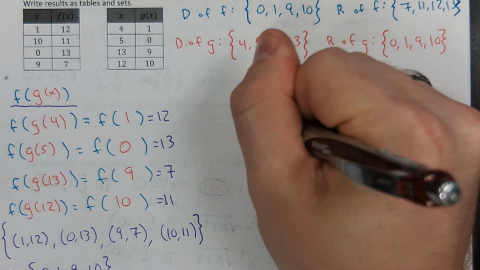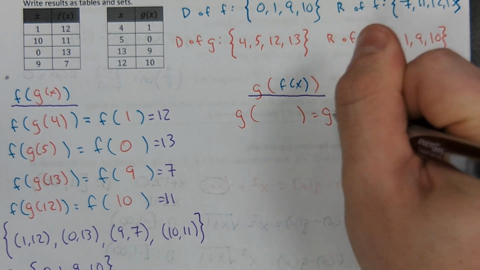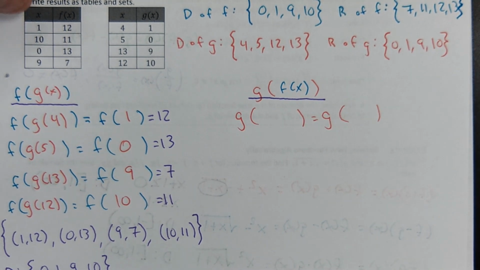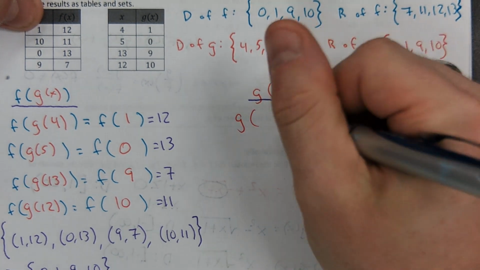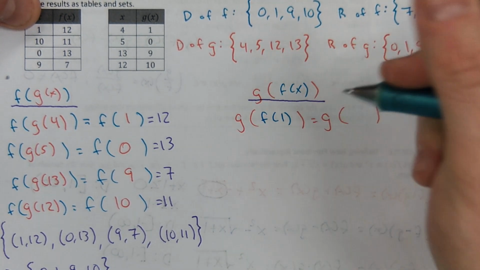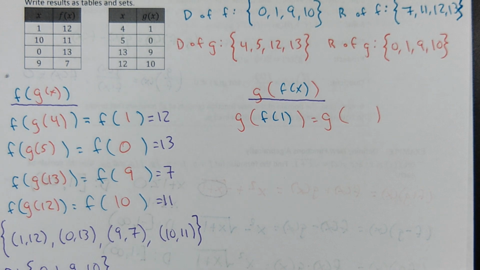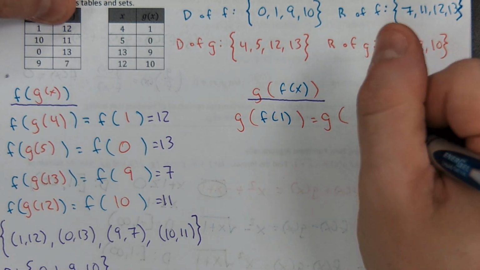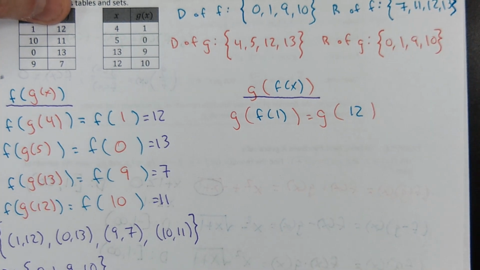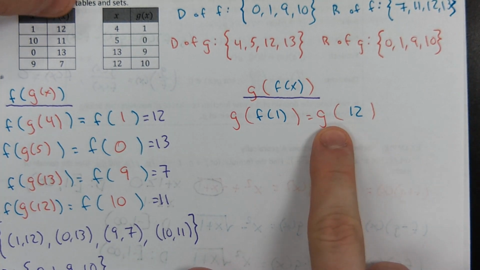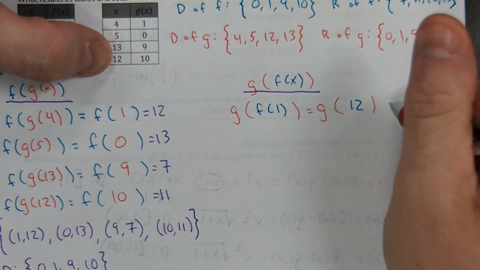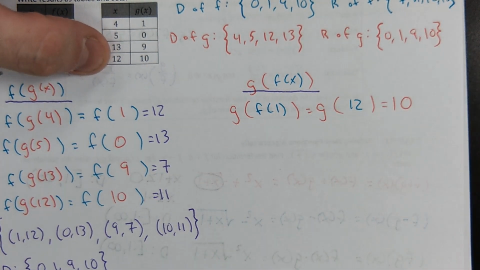Let's go g of f of the first value you can take on, x equals 1. And so we go to our f table, and we see at 1, f is a value of 12. We then go to our g table and go at 12, g takes on the value of 10. Cool.